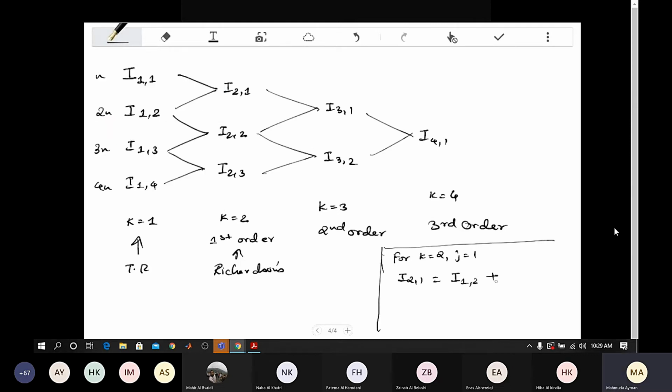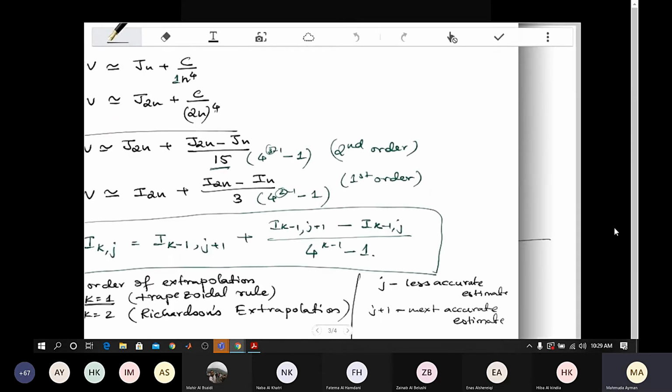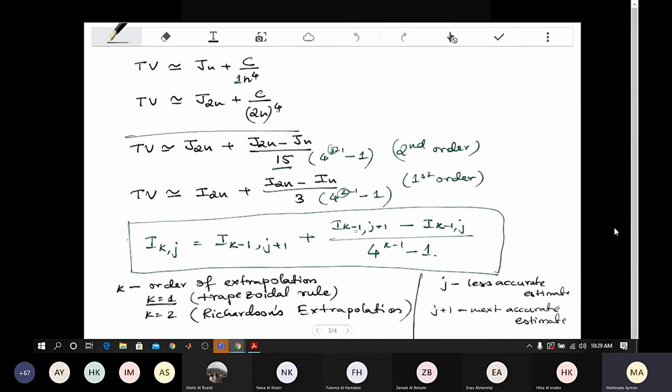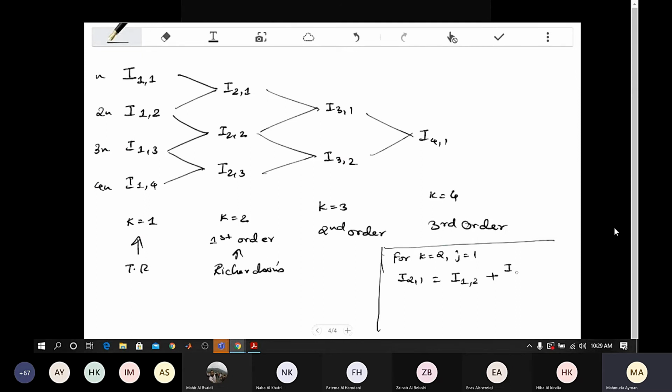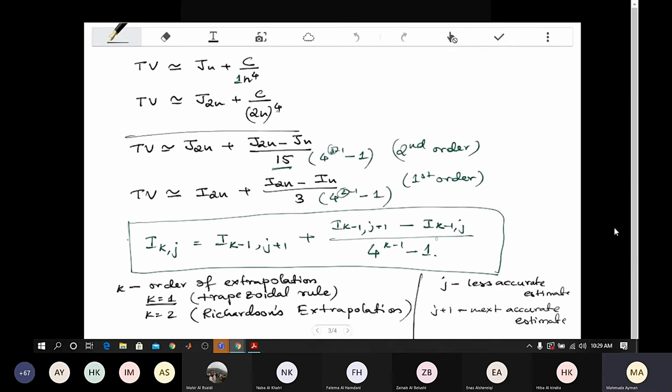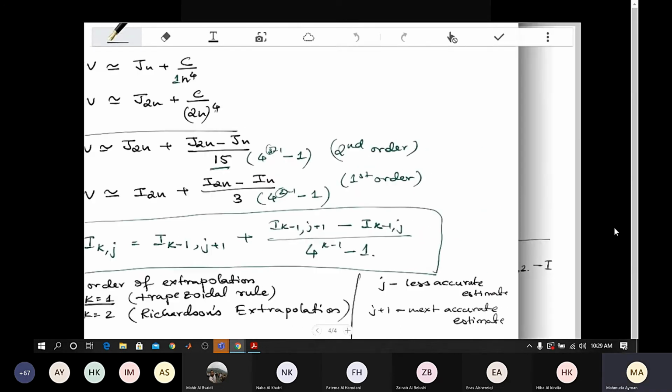Next, let's look at the formula. Plus we have I of k minus 1, j plus 1, so 2 minus 1 is 1, j plus 1 is 2, minus we have I of k minus 1 comma j.